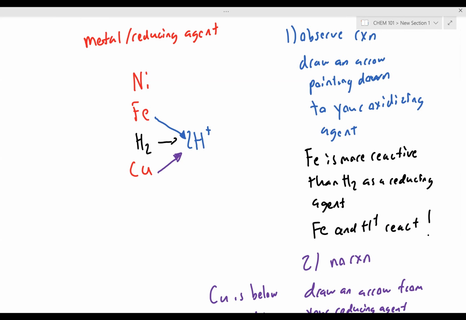So to give you an example, suppose we take nickel solid and we mix it with a solution containing iron 2+. And let's suppose we see a reaction.